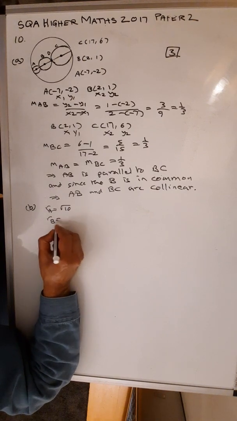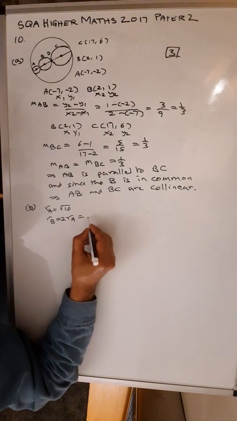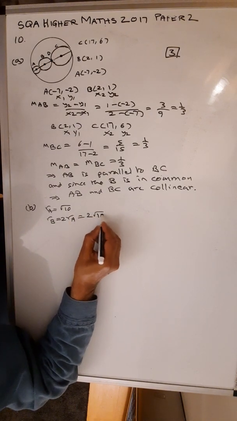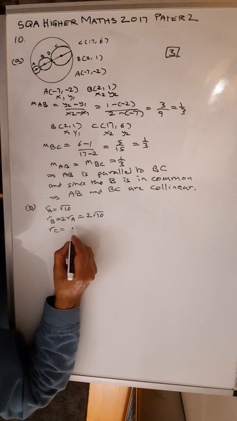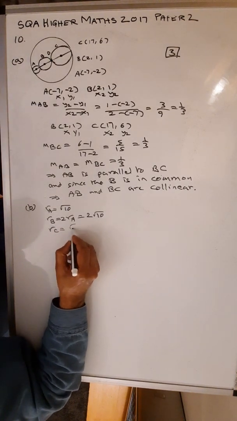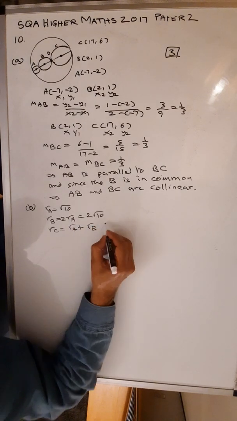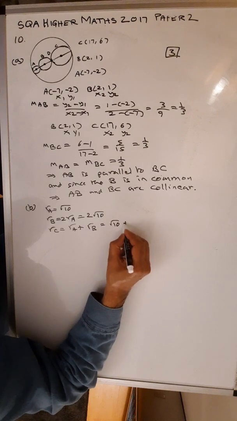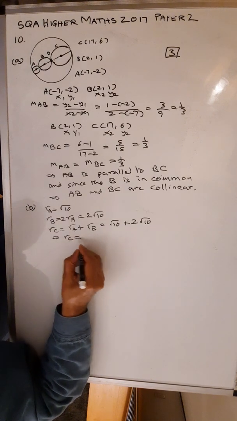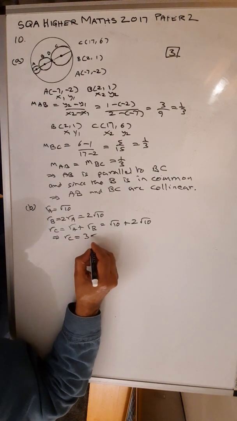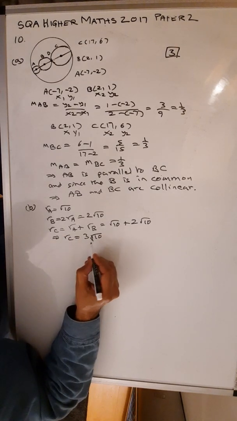Radius B is 2 times radius A, which would mean that it is 2 root 10, and radius C you're told is r_A plus r_B, which is root 10 plus 2 root 10, which means that radius C is 3 root 10. So these are your 3 radii.